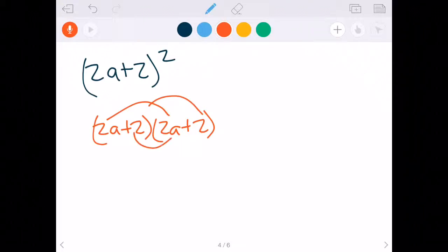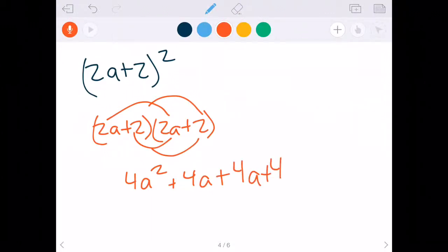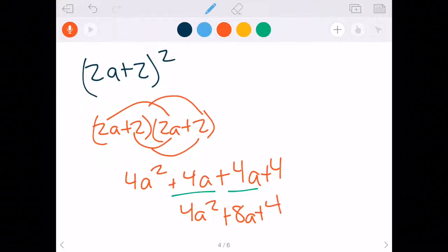So now it's the same process as last time. We have 4a squared plus 4a. That took care of my first and my outer. Now I'm going to move on to my inner. So plus 4a and then plus 4. Combine your like terms here. Final answer should be 4a squared plus 8a plus 4.